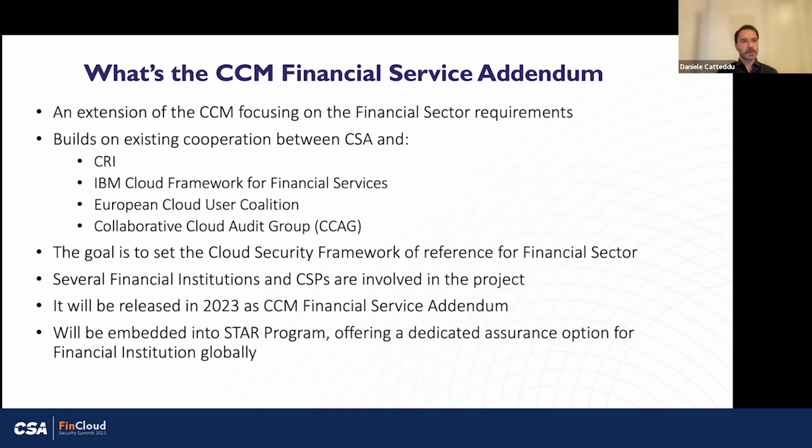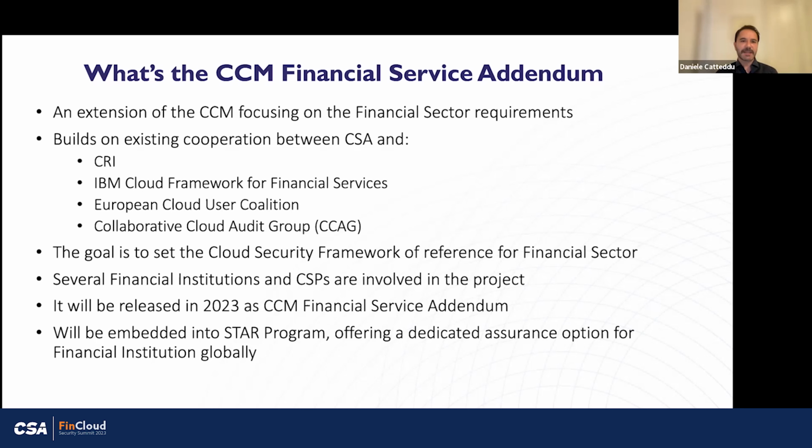But then we were also approached by a couple of very relevant European-based groups of financial institutions. One called the European Cloud User Coalition, which is a group of over 30 European financial institutions, and then a group called the Collaborative Cloud Audit Group, which is another informal consortium composed of financial institutions that, based on the recommendation of the European Banking Authority, has started to work on collaborative audits or pooled audits.